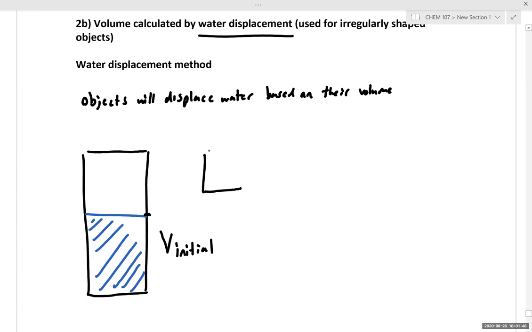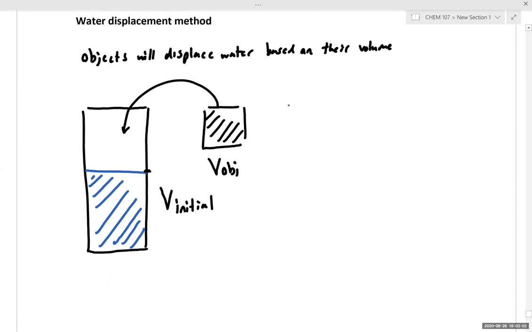Now, if we take an object that has a volume that we'll call V object, and we drop it into our graduated cylinder or beaker or other piece of volumetric glassware, the water level will rise accordingly.